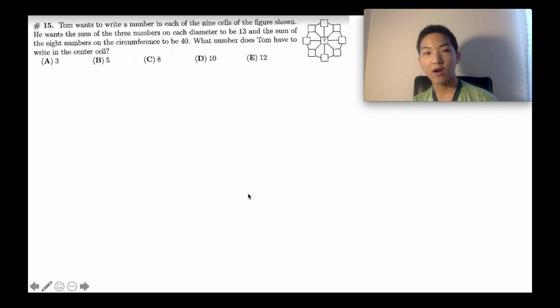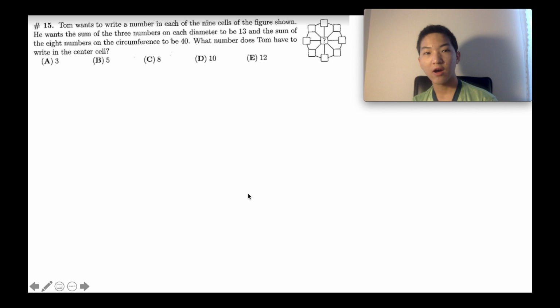Since this number will always be the same, since you're just adding it multiple times, but it doesn't change, we have to realize that this number plus this number must be equal to this number plus this number, which is also equal to this number plus this number, and so on and so forth, in order for the numbers on each diameter to be the same sum.